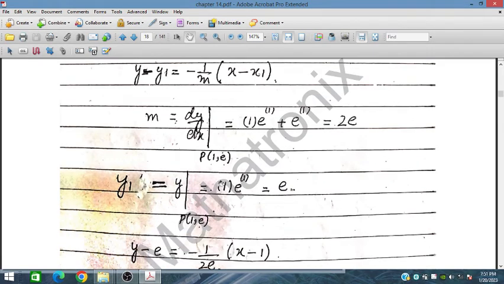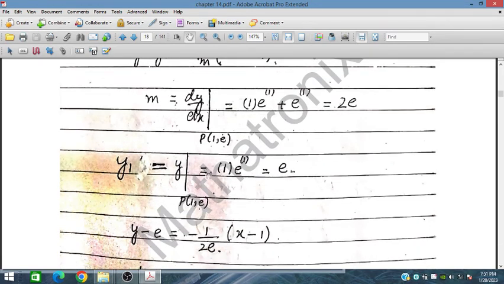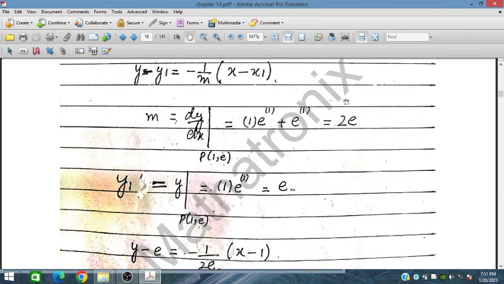So y1 is this one, and similarly y minus y1 equals minus 1 over m, because of the orthogonal or reciprocal of the tangent.